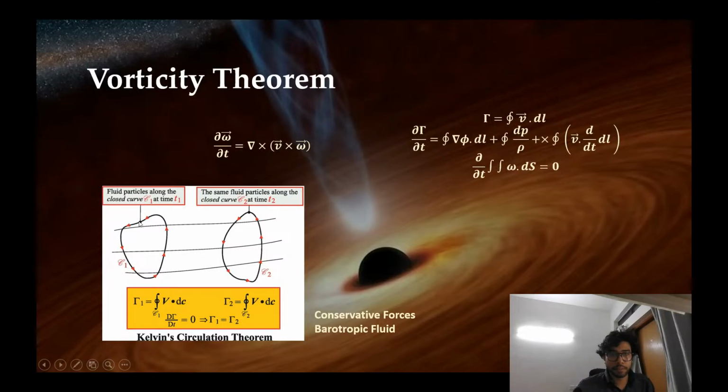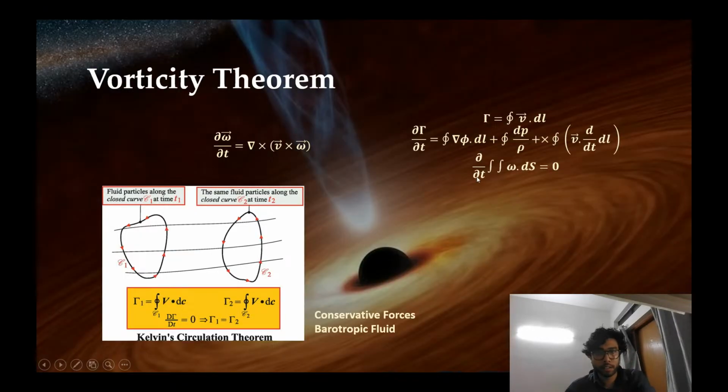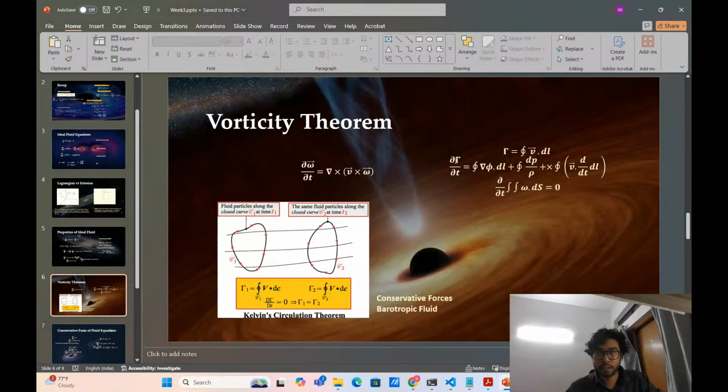Any scalar function integrated over a loop will become 0, because you will have the same values on either side of the starting and end point, right? Similarly, dp by rho will also become 0, and del phi dot dl will also become 0 across a closed loop. So then finally what you will get is that the circulation is basically 0. This is not actually del, this should be d, the total derivative.